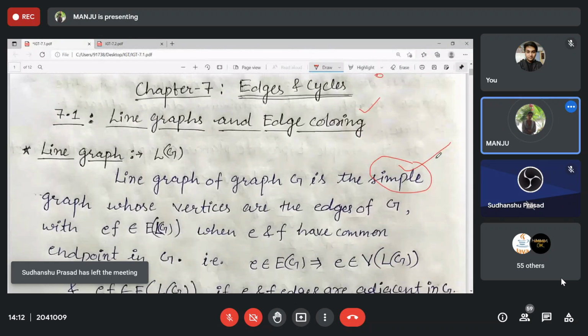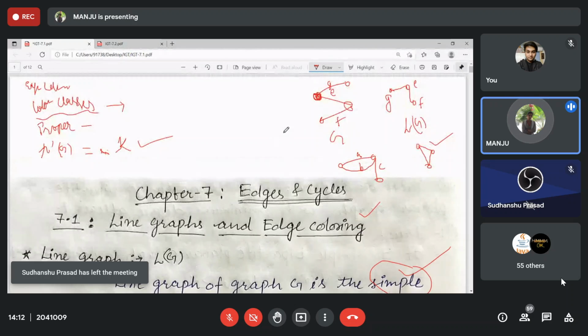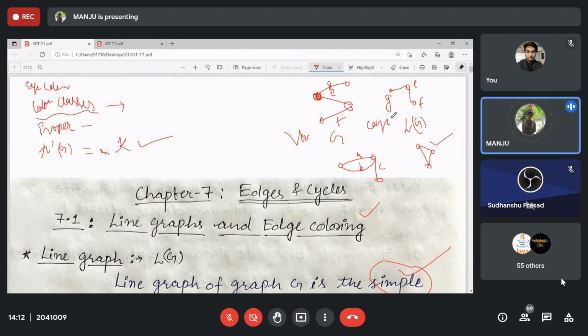Clear? So here vertices become the edges, right? So vertex coloring will become edge coloring over here, right? And maximum independent vertices become maximum independent edges, which means to say it will form a matching, right?